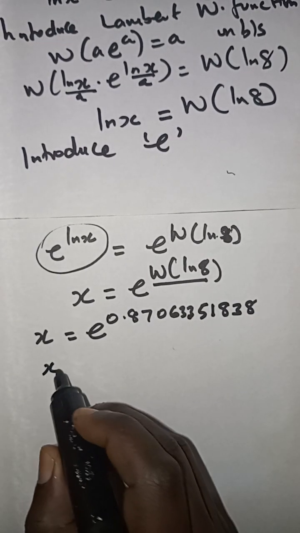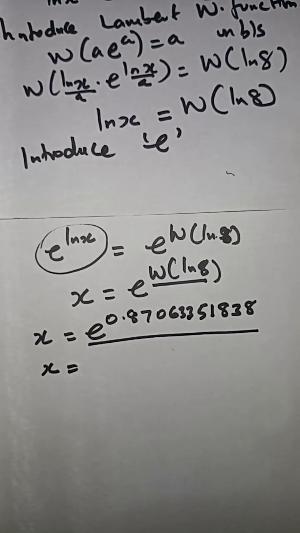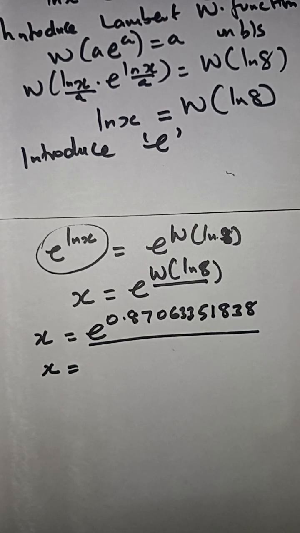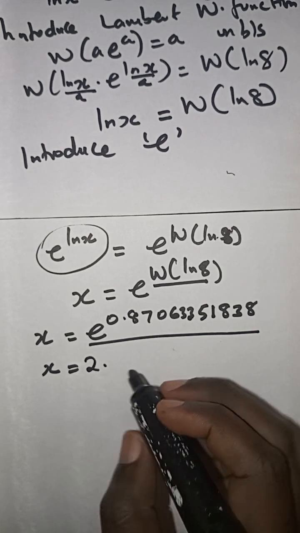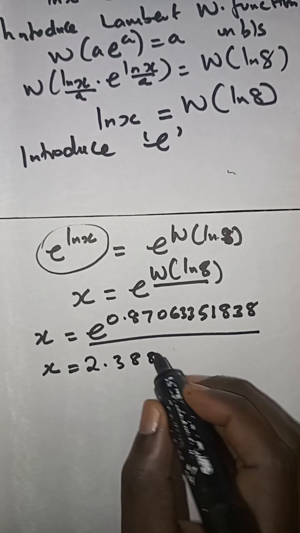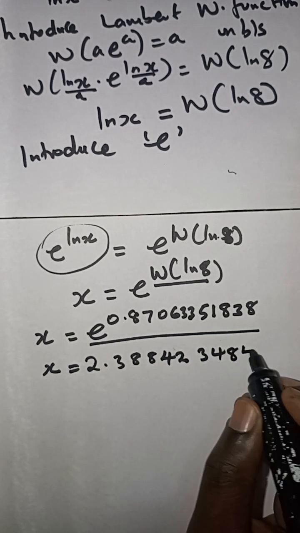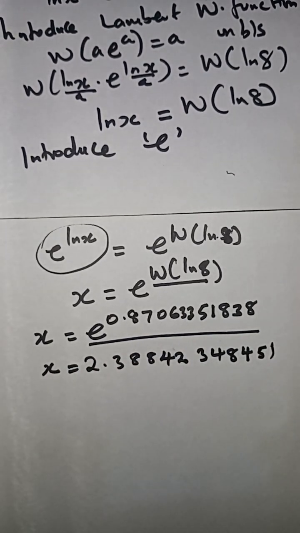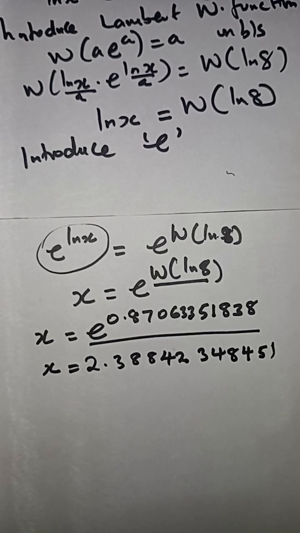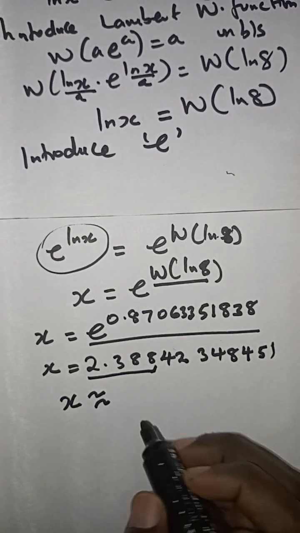So that means for me to get x, I'm going to take the e to the whole of this. Again, punching my scientific calculator, I'm going to get x equal to 2.38842348451. It's also an irregular number with no known pattern, but I can take x approximately up to 4 significant figures.